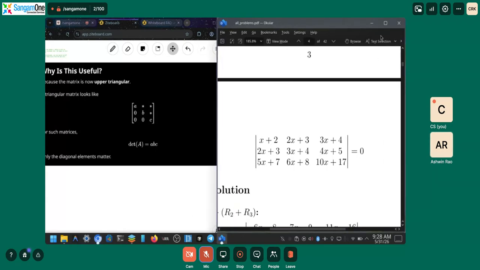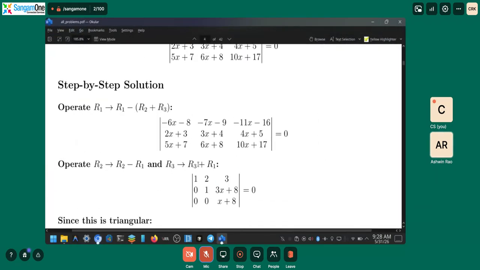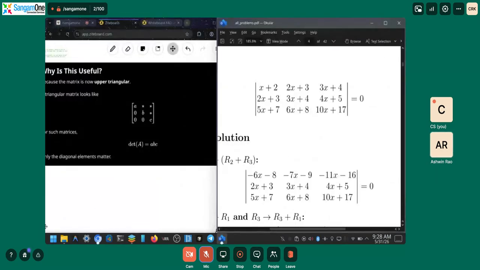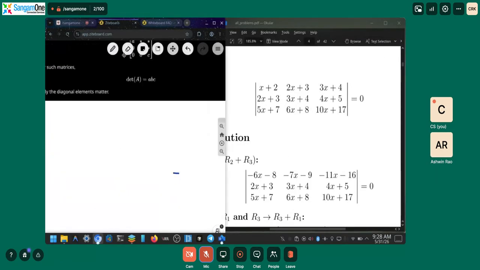If we contain this row operation and all, if you apply this row operation, let's do that real time.